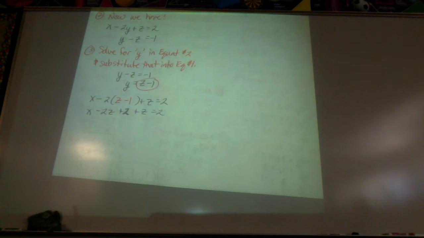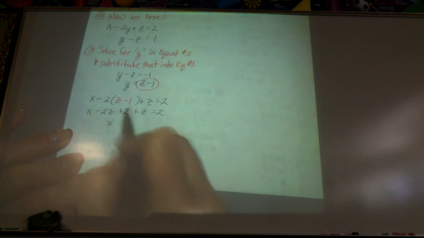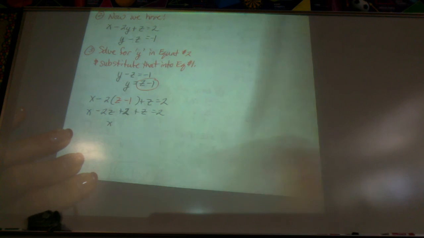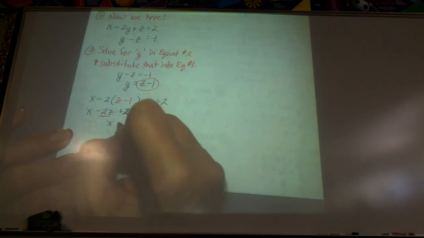And I can keep going, can't I? What's 2 plus 2? Oh, that's a z, sorry. What's next? See, I can't even read my own handwriting. What's a negative 2z and a z? Negative z. And then don't I want to move the 2 over here? So I get an x minus, because of this one, so I'm taking this one and adding together, so I get a minus z.